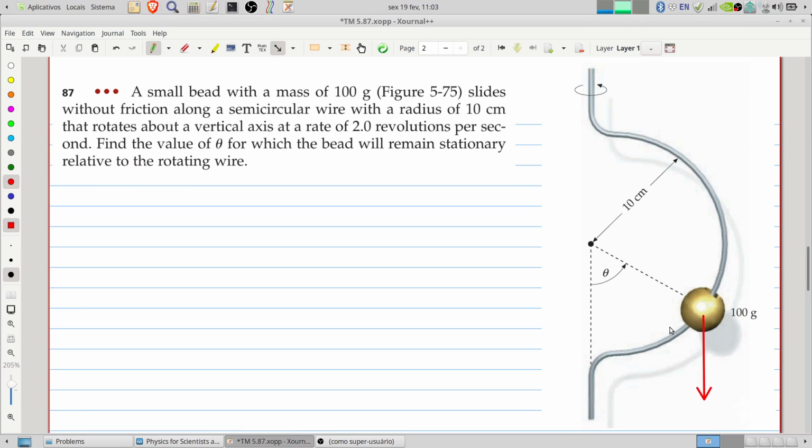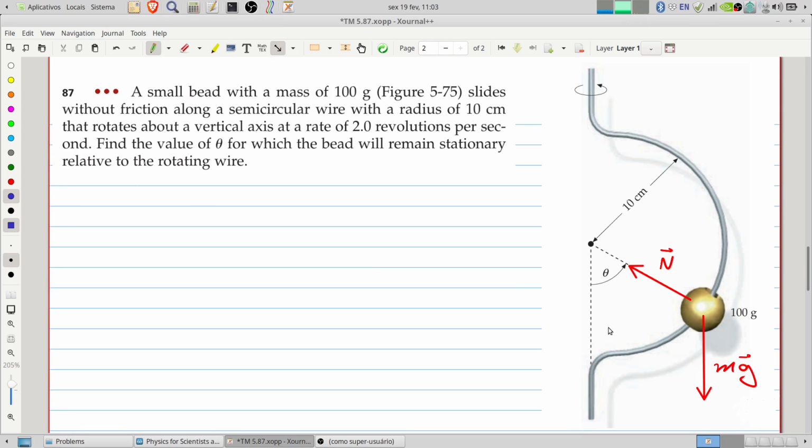As the wire doesn't have any friction, we have only the force perpendicular to the wire. So here we have the reaction force of the wire. Let's call it N, the normal force. And also we have the weight, mg. So let's change this, okay?